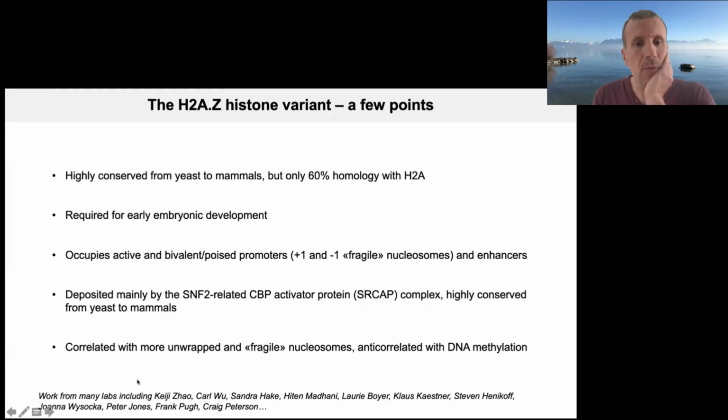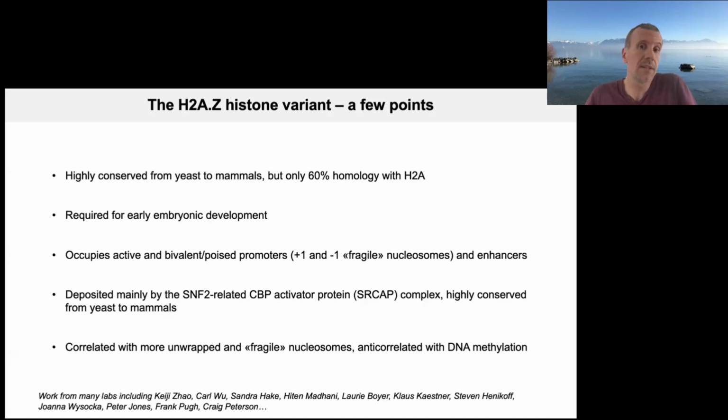So I'd just like to give you a few introductory points about the H2A.Z histone variant. H2A.Z is a variant of H2A that is highly conserved from yeast to mammals, but is quite different from H2A, suggesting that it has acquired a very different function from the canonical H2A. H2A.Z is absolutely required in mammals during early embryonic development.